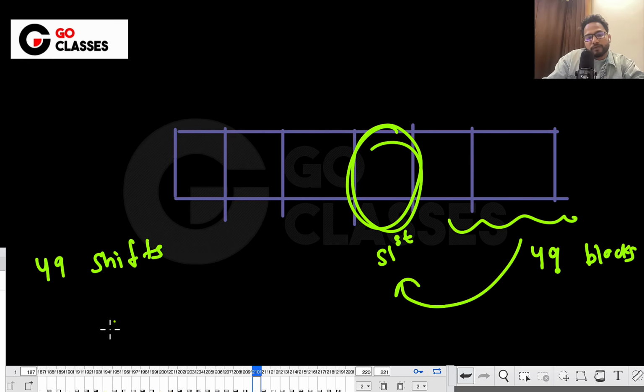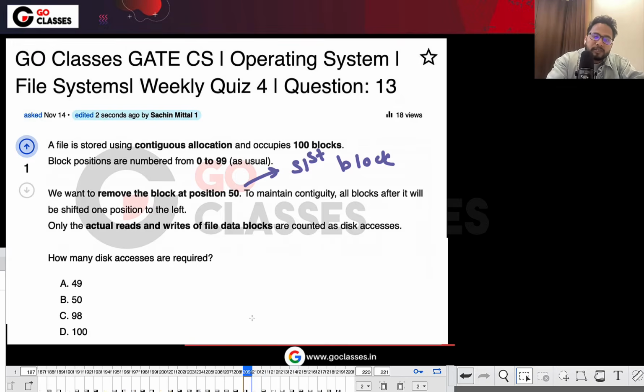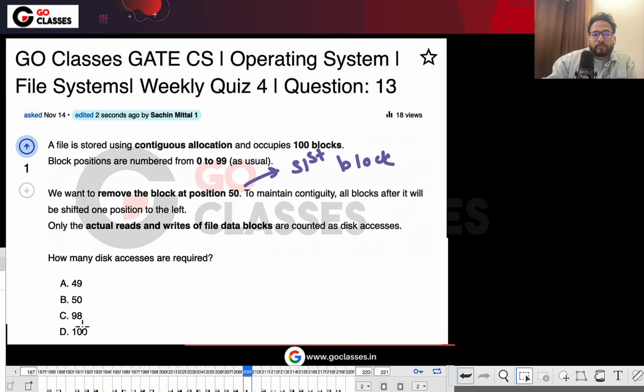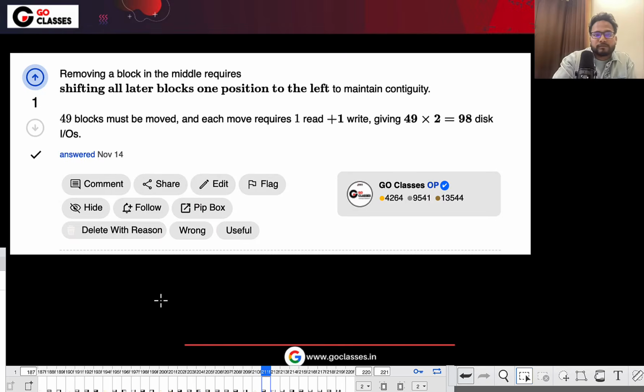Which means 49 into 2, 98, right? 98 accesses will be needed here. See, you have to shift all of this here. That's all, and you don't have to do anything in terms of read or write disk access, I mean, in terms of the actual file data. So 98 accesses you have to do. So that's why C is the correct answer.